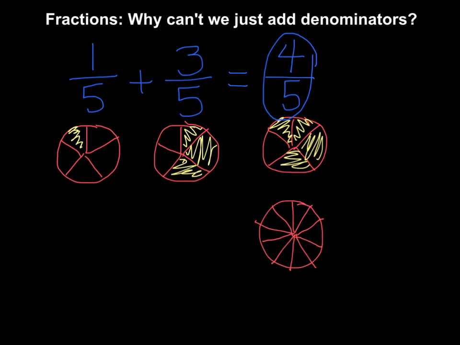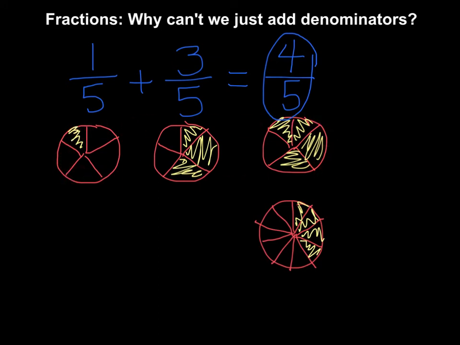Now if we added the numerators together, 1 and 3 would still have made 4, so we would have ended up with 1, 2, 3, 4. And if we compare how much our pie is full, this is a lot more full than that. So it makes a big difference. This is part of the reason why we can't add denominators.